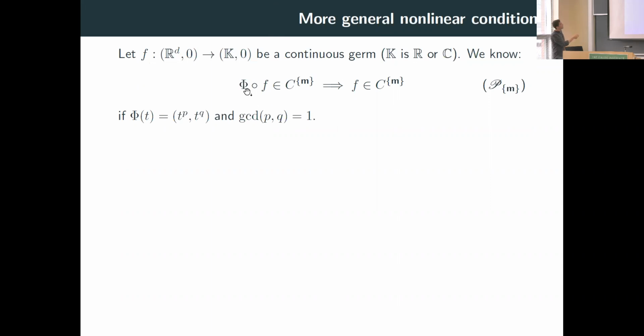Then Joris' theorem tells us that if phi composed with f is in the class, then f is in the class, where for now we studied the germ phi of t equal to (t^p, t^q), where p and q are co-prime integers.